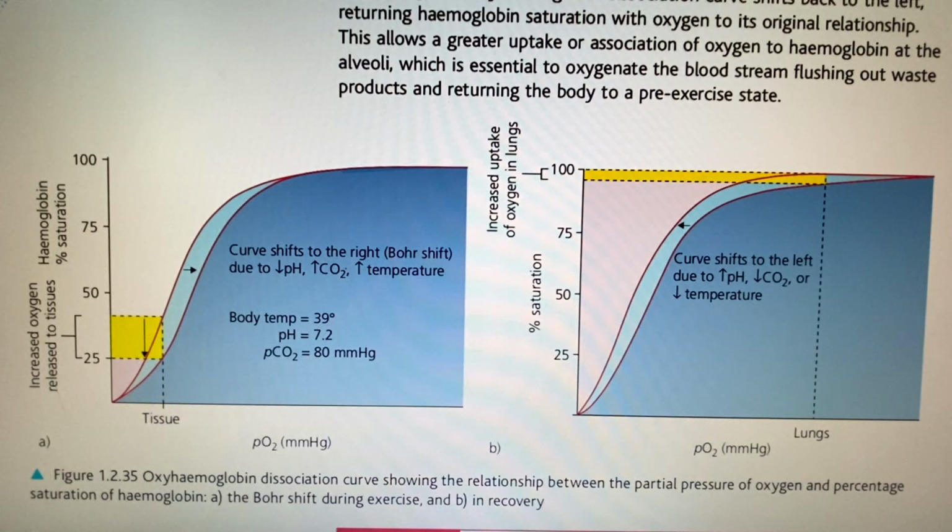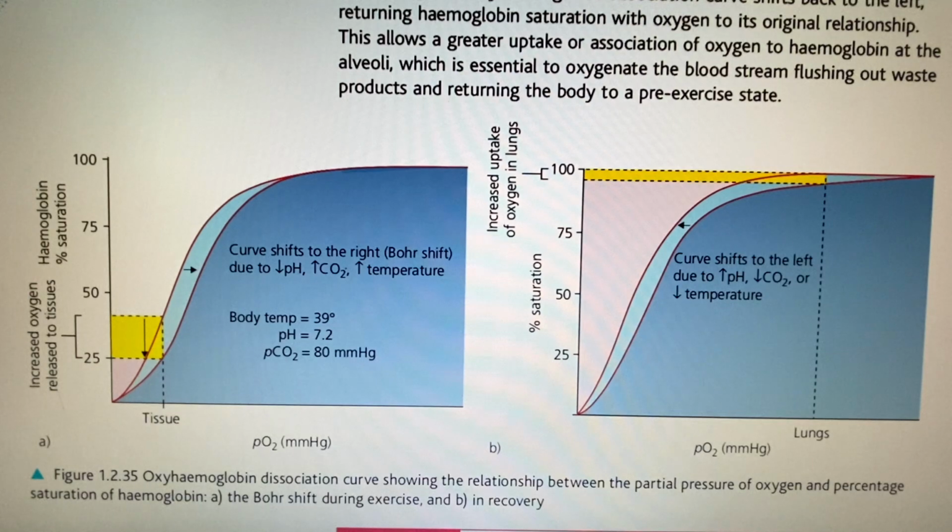Your normal resting body temperature is about 37 degrees, something like that. When you start exercising or start warming up, your body temperature will increase. Once it gets up to about 39 degrees, the hemoglobin is not quite as sticky, it's not quite as attracted to the oxygen as it was before, and so it's going to allow that oxygen to dissociate just that little bit more easily, and give it up a little bit faster into the muscle tissues.